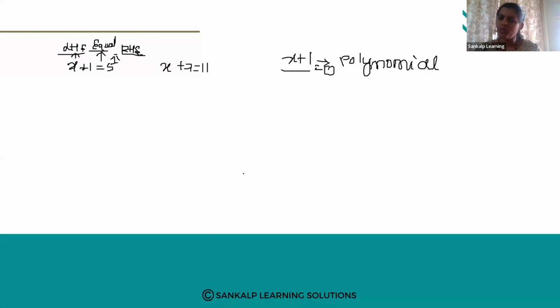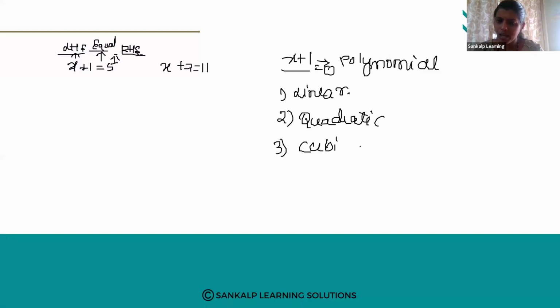Okay. In the case of polynomials also, we learnt about the types of polynomial, that is linear polynomial, the second one is quadratic polynomial, right? And cubic polynomial. Okay. ಅಲ್ಲಿ ನಾವು study ಮಾಡಿದ್ವಿ.